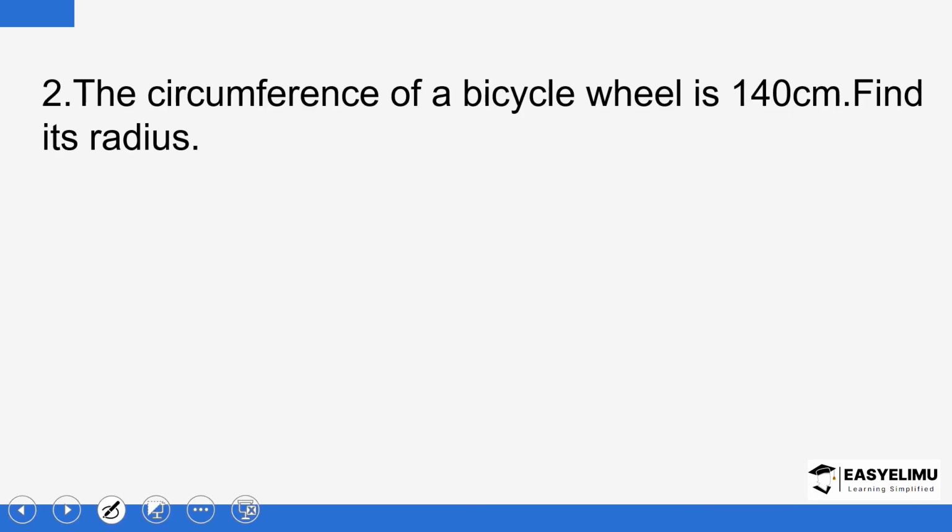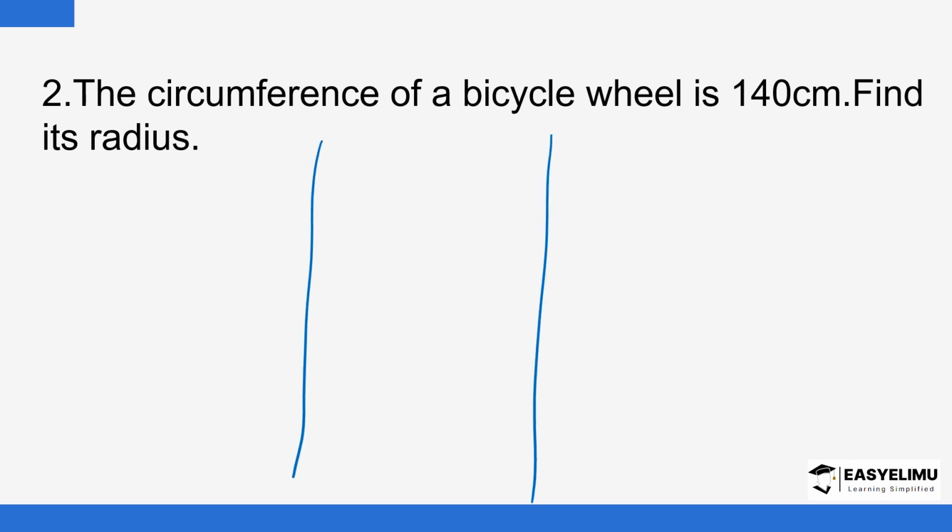Yes. So we have another example. The circumference of a bicycle wheel is 140 centimeters. Find the radius. So we have the circumference equals 2 pi r. Maybe you can try to find what r is.